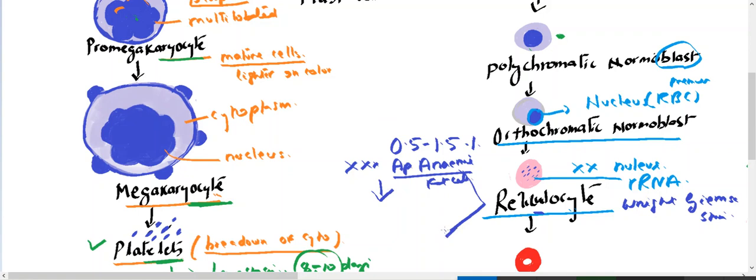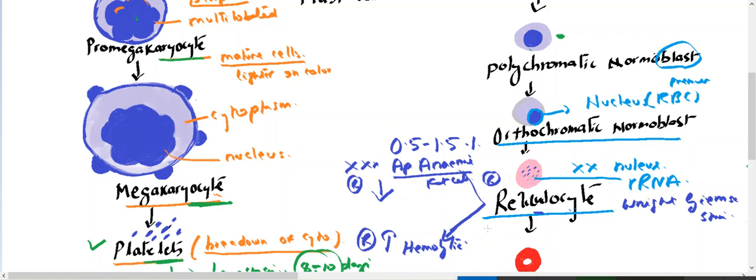Okay, what are the conditions where the reticulocytes will go up? Reticulocytes will go up in any hemolytic disease, any hemolysis. For example, any condition where there is more and more destruction of RBC in the peripheral blood smear, for example, sickle cell anemia, thalassemia, there will be more reticulocytes.